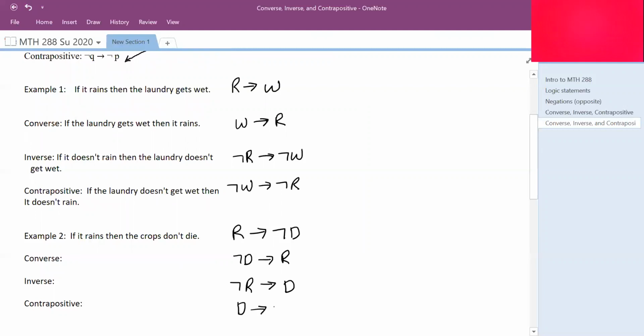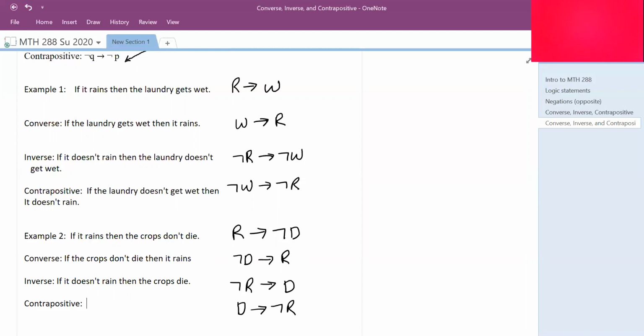So D would become not R. So the converse will be if the crops don't die, then it rains. The inverse will become if it doesn't rain, then the crops die.